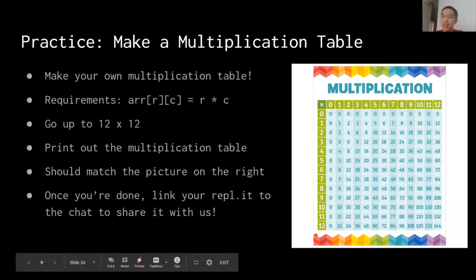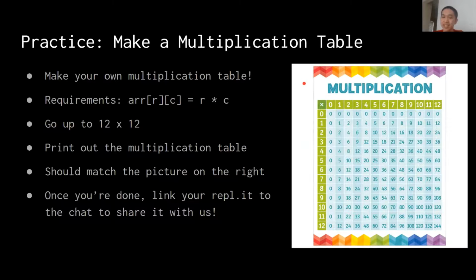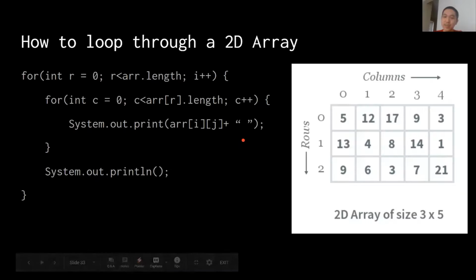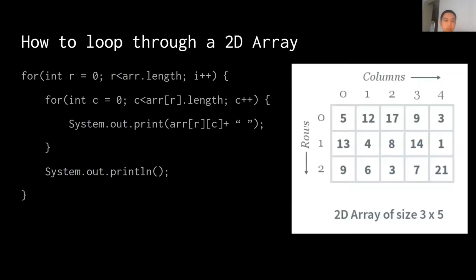Once you're done, just link your Replit to the chat, and we'll try to demo your multiplication table. I'm going to go back to the previous slide so that you have a reference on how to loop through 2D arrays and try to make your own multiplication table. You go up to 12 and you go up to 12 here. So make your own multiplication table.